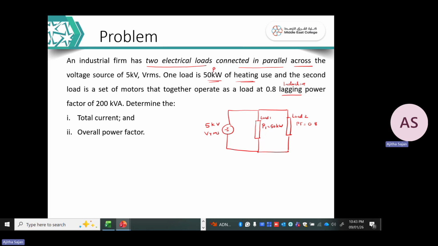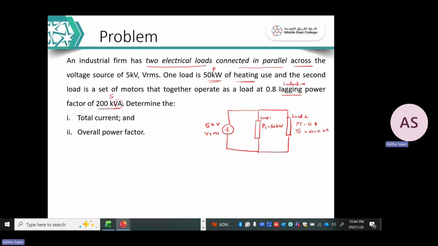That means there is a reactive element. Also, with kilovolt ampere, you should understand it is given as S, the apparent power. So the apparent power here is 200 kilovolt ampere.